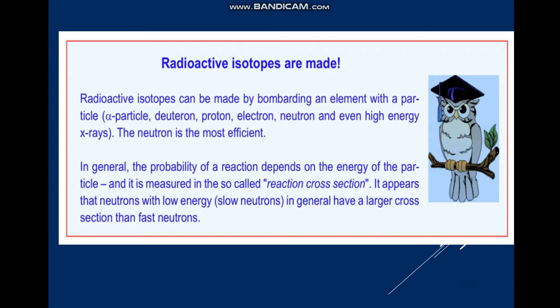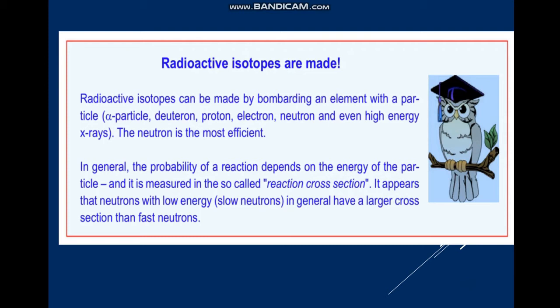Radioactive isotopes can be made by bombarding an element with particles, such as alpha particles, protons, and neutrons. In general, the probability of a reaction depends on the energy of the particle, and it is measured in the so-called reaction cross-section.